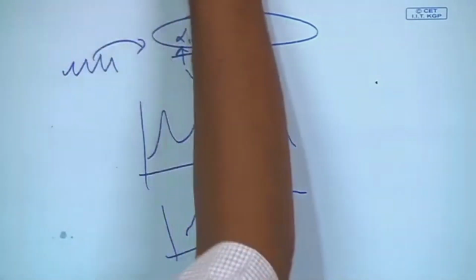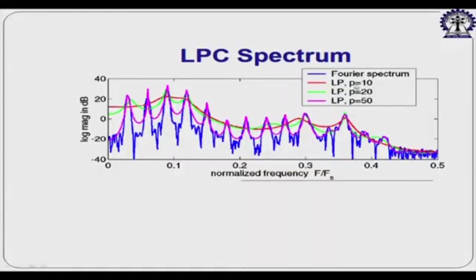If we see in this picture, if my LPC order is increased, it more or less copies the actual spectrum. The blue color is the actual spectrum, and the red color is where the LPC order is 10. So, it roughly estimates the spectral envelope.